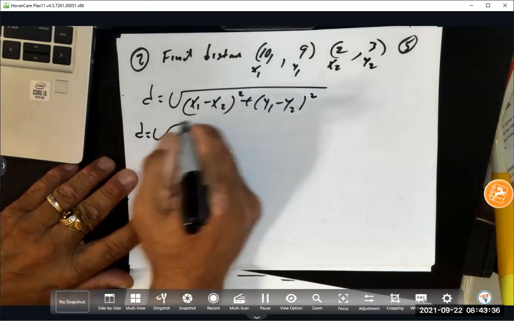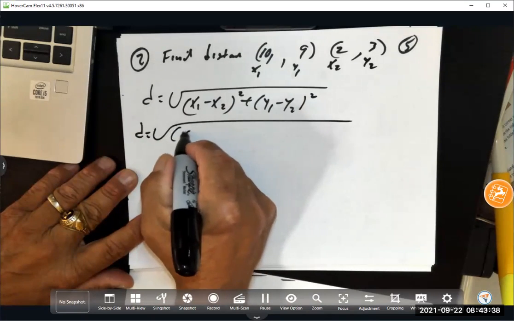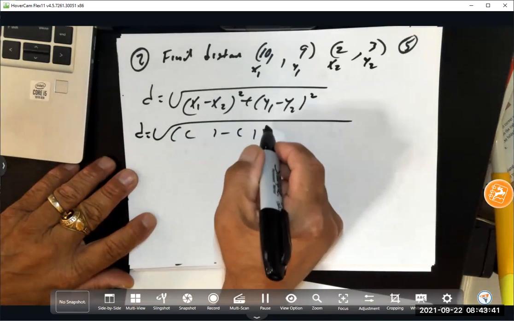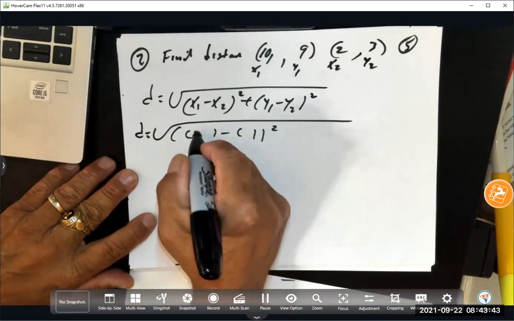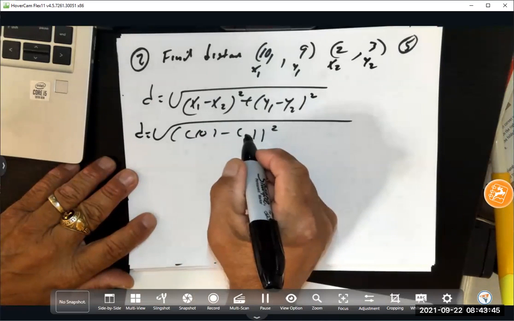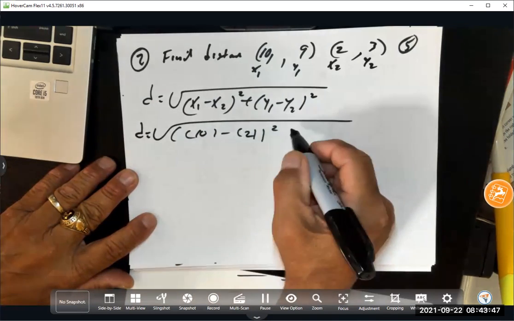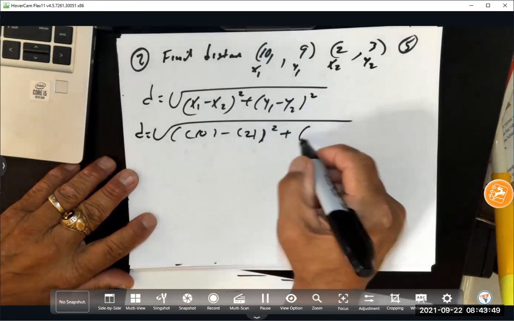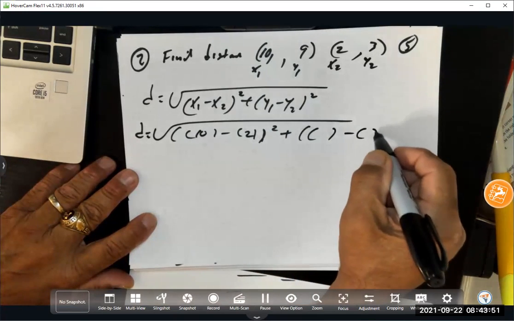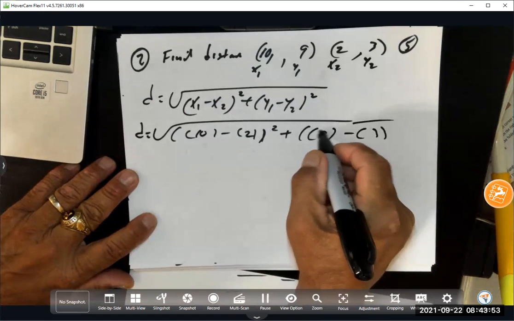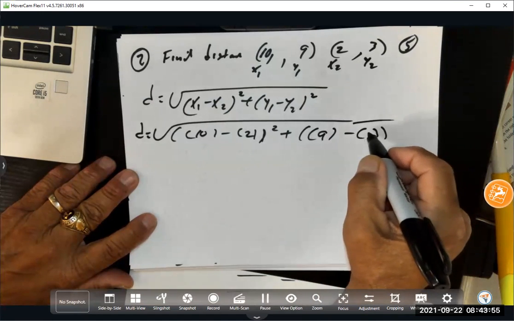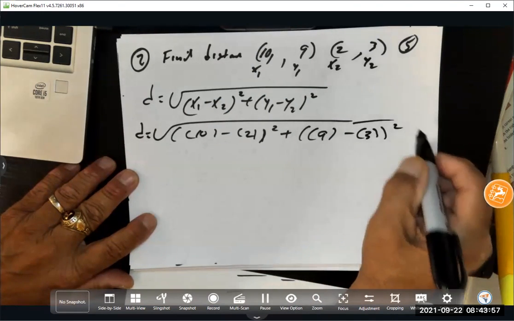So now I'm going to put numbers in here. Ready? What is x1? You tell me. 10. What is x2? 2. All right, over here. What is y1? 9. What is y2? 3.